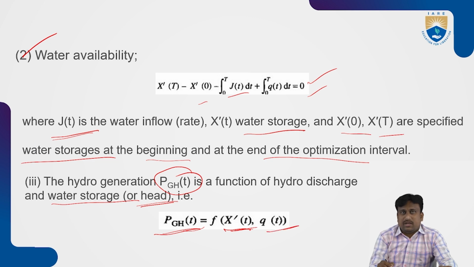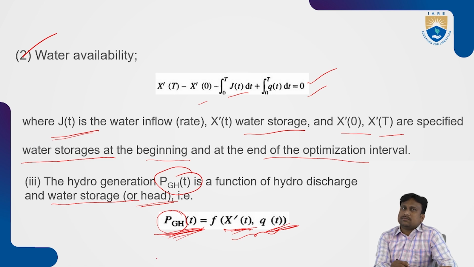Here q(t) is the discharge coefficient. So for hydro power, the constraint PGH as a function of time is f of x'(t), q(t). One defines the storage, another is the discharge coefficient. Combined as a function, they give you the constraint called PGH.